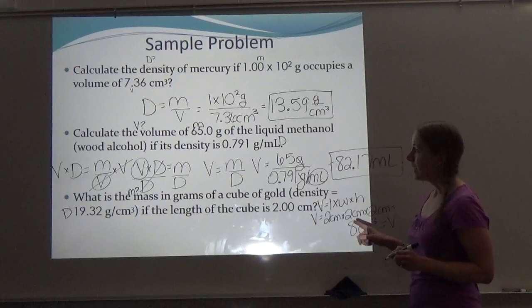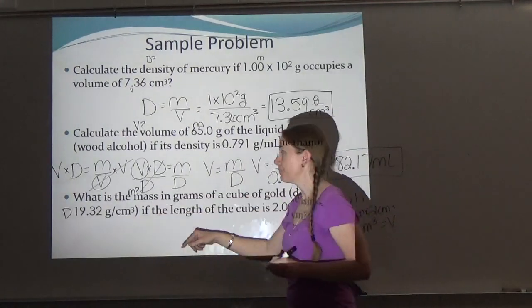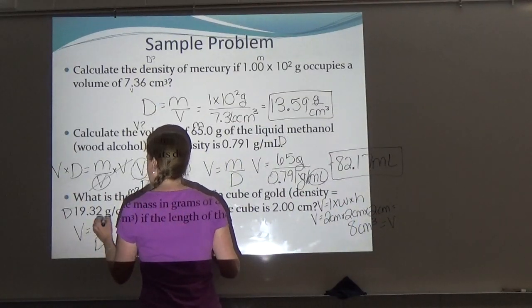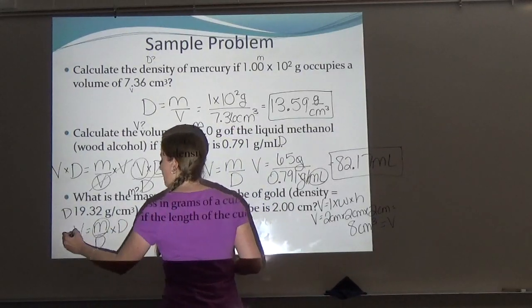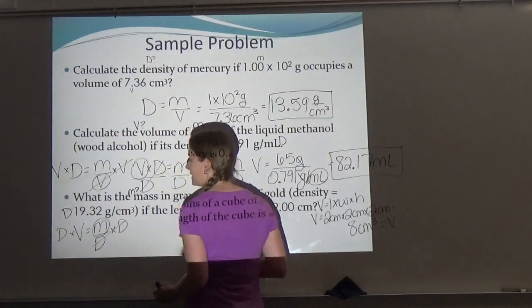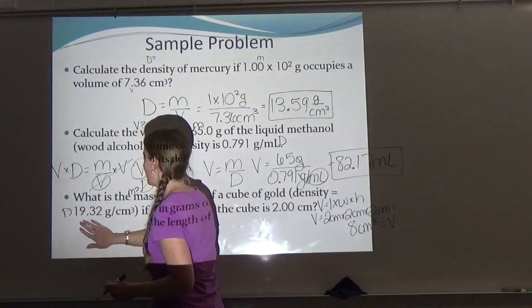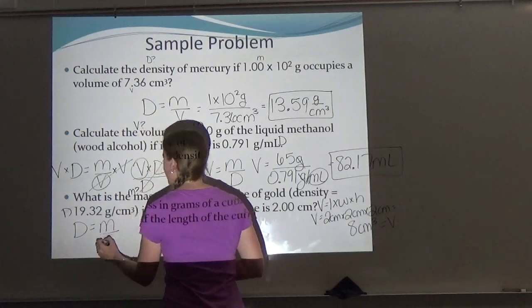All right. So I have my volume. I have my density. This time I'm trying to solve for mass. So volume equals mass over density. So if I want to solve for mass, I move density to the other side by multiplying both sides by density. Whoops, sorry, I don't even know why I just wrote the formula like that. Density equals mass over volume.